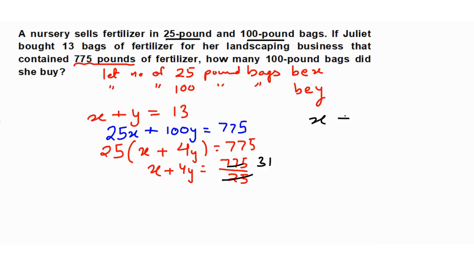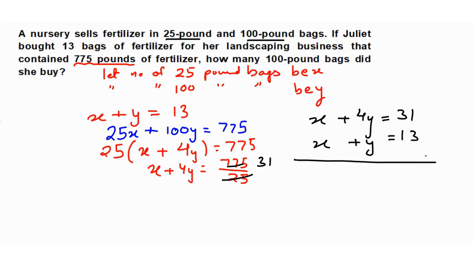So we have two equations. x plus 4y is 31 and x plus y is 13. We can simply solve them by elimination method. This would be negative, negative and negative. We have 4y minus y, that is 3y, is equal to 31 minus 13, that is 18. So y is coming as 6.